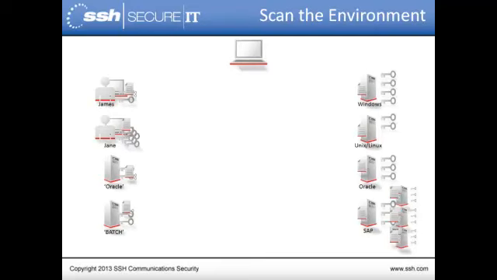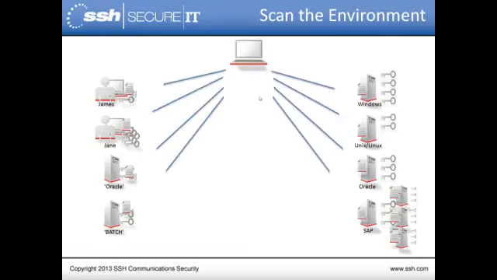Well, to elaborate a little bit on that first step, to scan the environment and to discover keys, really this requires a couple of steps. The first step is to identify all of the keys, both the identity keys on all of the SSH clients, whether they're on people's workstations or whether they're on servers for service accounts, system accounts, and then also to identify all of the authorized keys that exist on SSH servers.